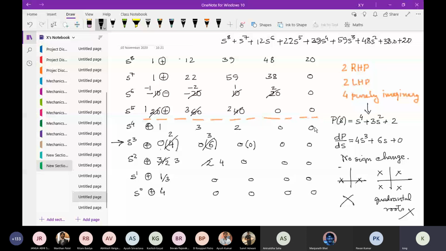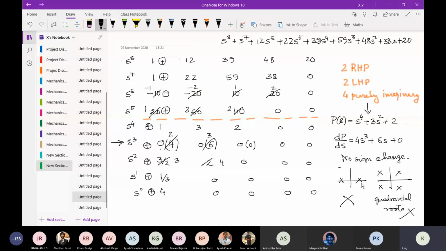So if you don't see a sign change here, then it means you are not going to have anything on the positive and something on the negative side. All must be having the same sign, and this is also not permitted. So since you can't have a sign change, then there are 3 possibilities for an even polynomial.